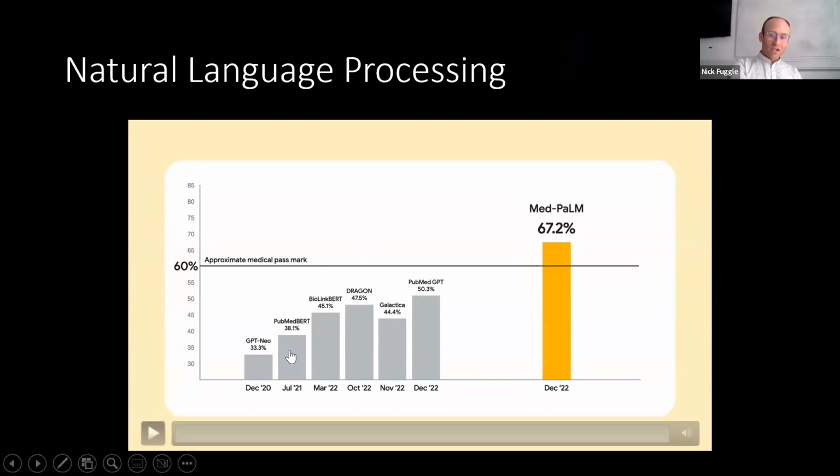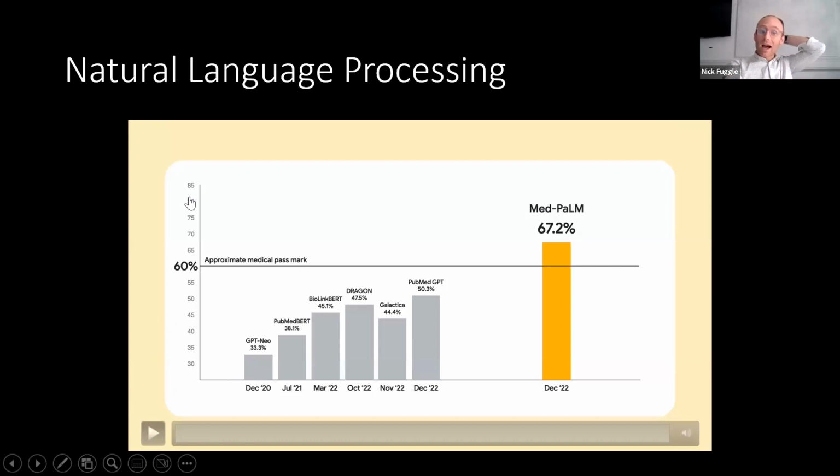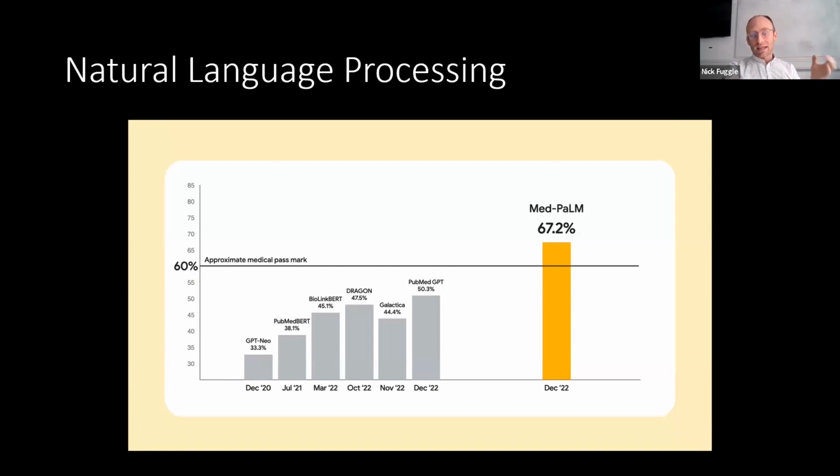This graph's really interesting because it shows the huge performance in large language models. These may not just be general large language models like GPT, but may have been trained specifically, certainly in the example of MedPalm, which is produced by Google, on medical data. And we see the performance when these algorithms sit the US medical licensing examination, or USMLE, the examination which is sat by all medical students in the US, so as to determine which jobs and residencies they may move on to.